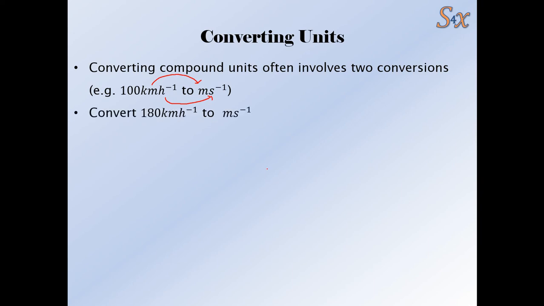If we've got 180 kilometers per hour and we have to change to meters per second, what do we do? Well, 180 kilometers is 180,000 meters. Okay, so that's one of the conversions done. So we could write this as 180,000 meters per hour.